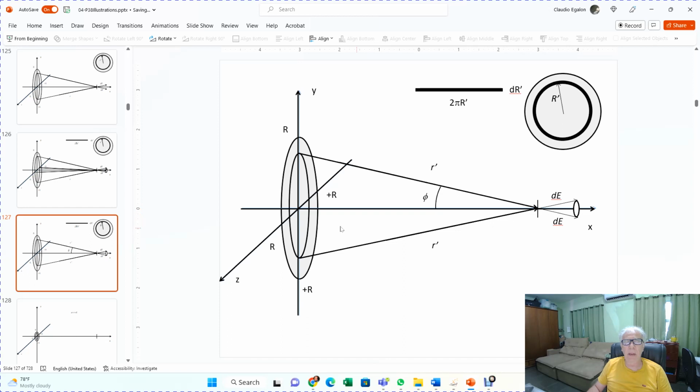The x doesn't change in the process. But the big R prime and the r prime are changing simultaneously.